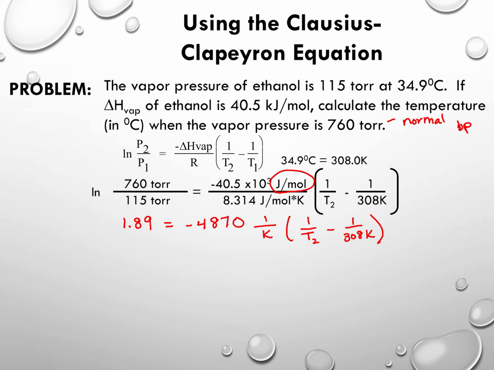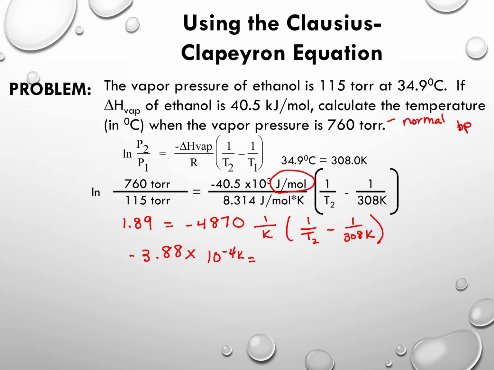Okay, so then I went ahead and divided both sides by negative 4870. So I get negative 3.88 times 10 to the minus 4 is equal to 1 over T2 minus 1 over 308 Kelvin. I'm just going to drop units. At the end, this whole thing is going to come out in Kelvin anyway.